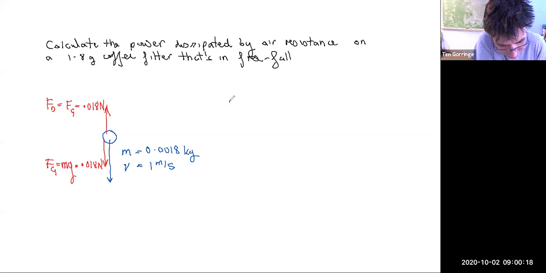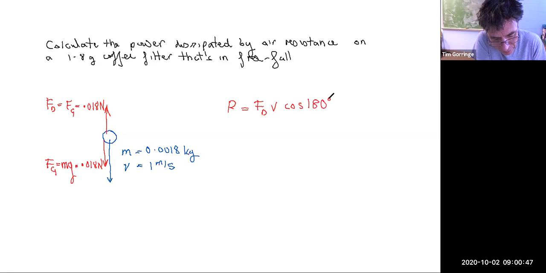So that equation is that the power, and it could be power supplied or it could be power dissipated. In this calculation, it's going to be power dissipated rather than supplied, is equal to the force multiplied by the velocity multiplied by the cosine of the angle between the motion, the velocity vector, and the force vector. And so I've written this for our particular example of the drag force.